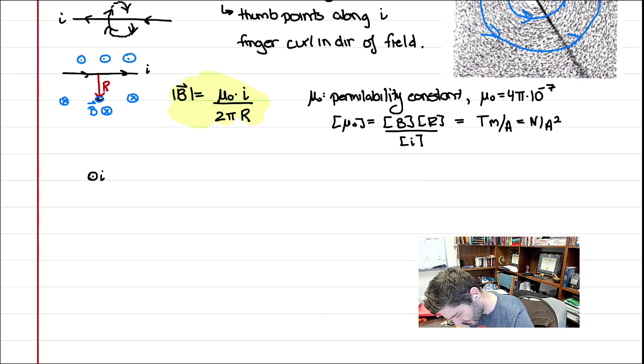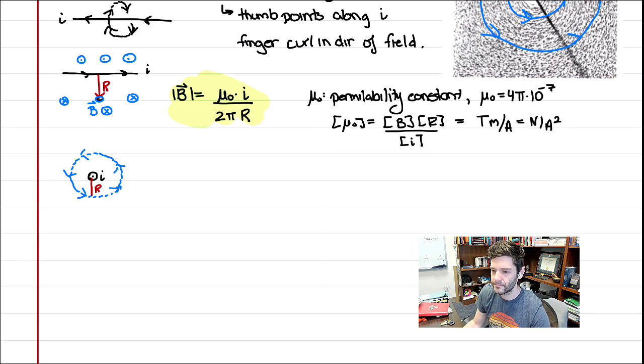So the magnetic field is oriented in this direction, and the strength depends on how far away you are from the wire. That's a good example for us to do.